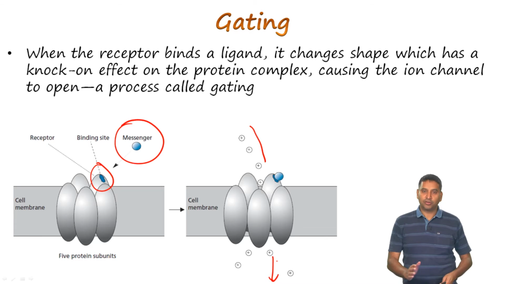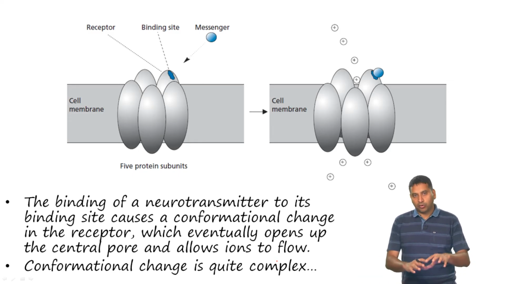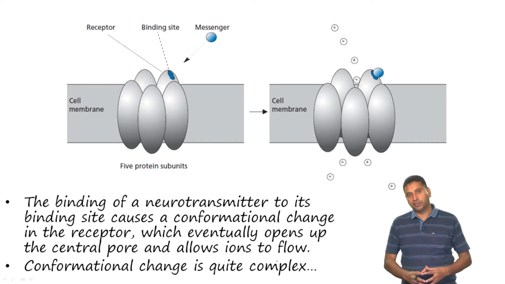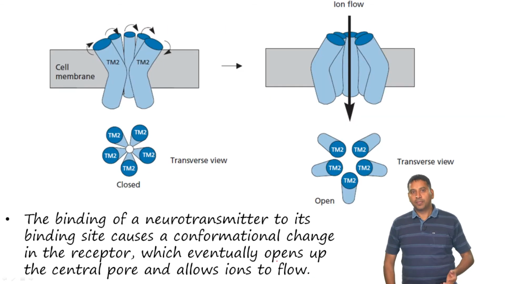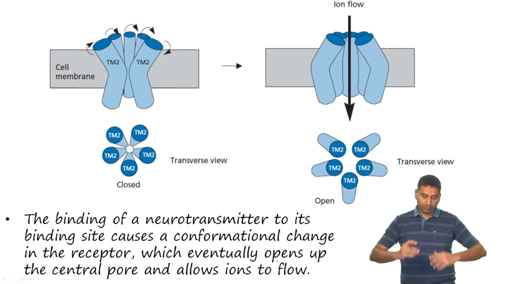This process is called gating, and the binding of the neurotransmitter eventually opens up this central pore, allowing the ions to flow. This conformational change is quite complex and we will not be discussing this in this lecture, but there is a sort of change that occurs which helps in opening it up.